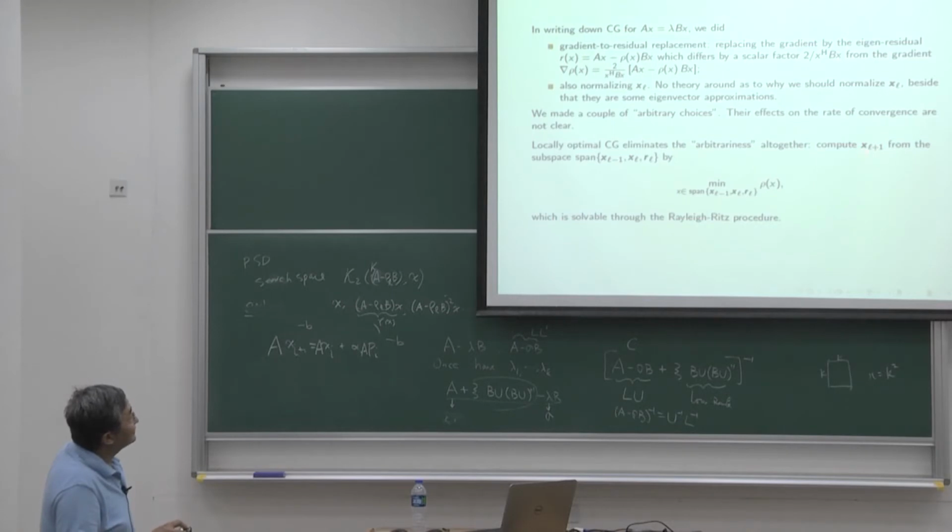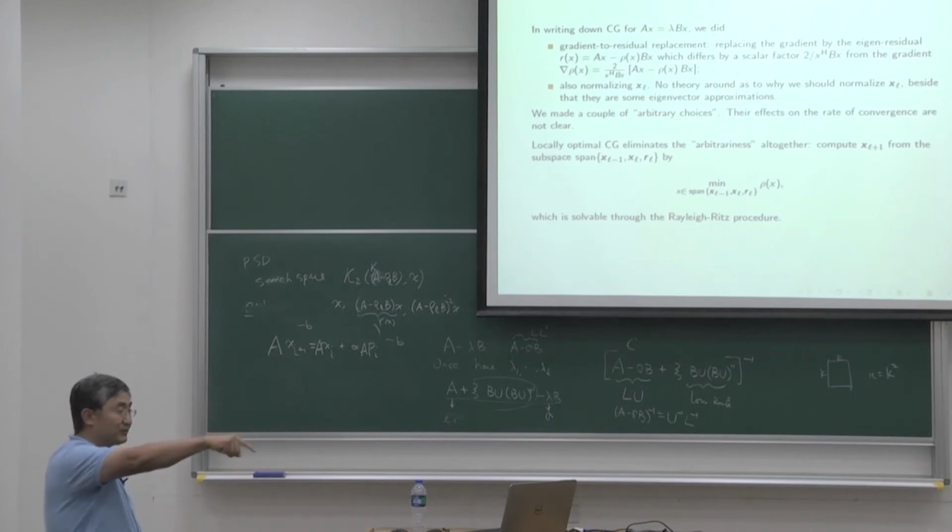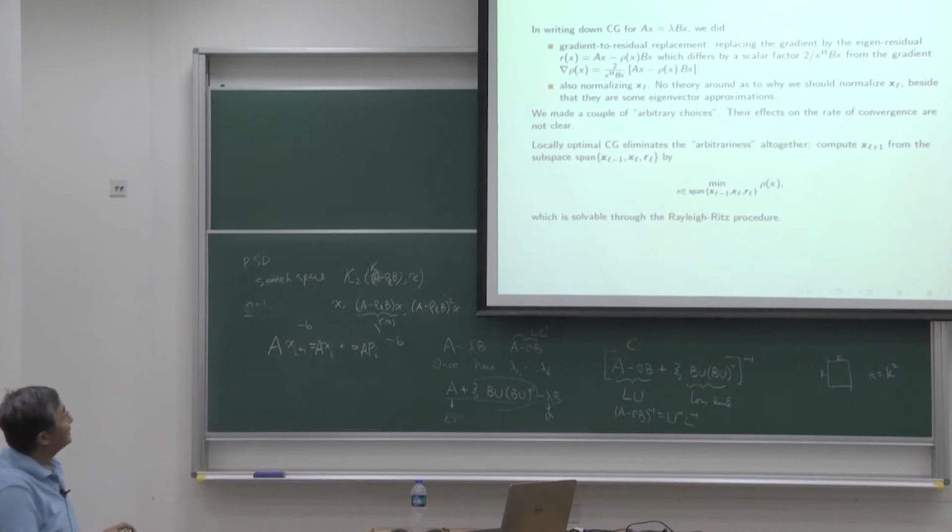The x_{l+1} approximation is computed by minimizing the Rayleigh quotient on a space of dimension 3: the current x_l, the previous one x_{l-1}, and the current residual. So it's a three-vector span space.